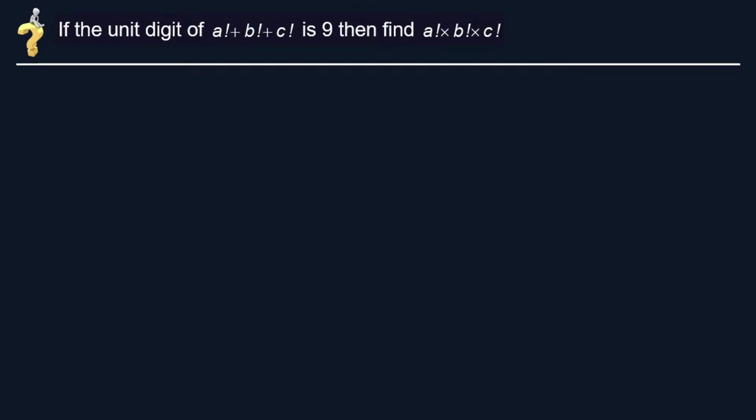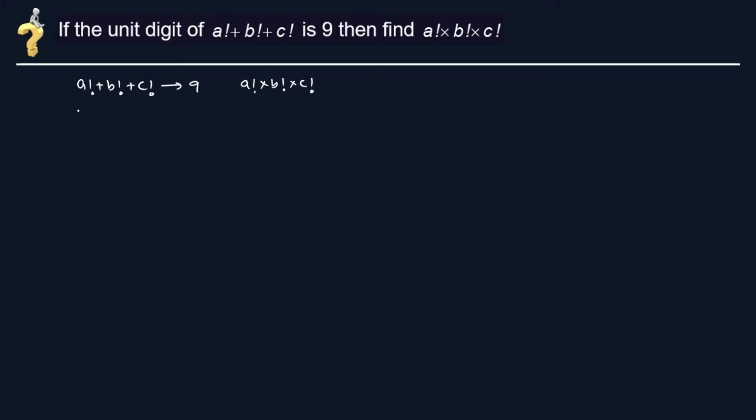See this question. If the unit digit of factorial A plus factorial B plus factorial C is 9, then what will be the value of factorial A into factorial B into factorial C?